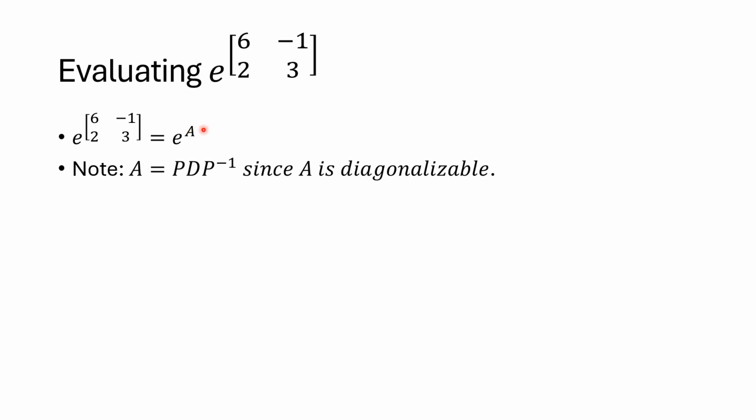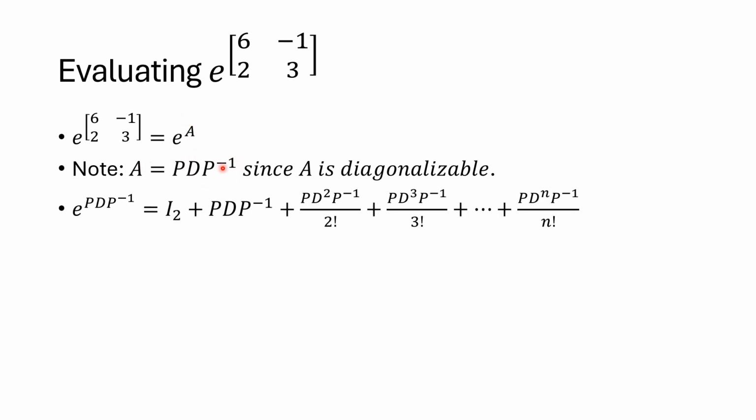So if we replace A right here with this decomposition, we can use the Taylor expansion again, right? You probably notice here the 2 by 2 identity matrix instead of 1. And then instead of x everywhere, we just replace it with P multiplied by D multiplied by P inverse, right?